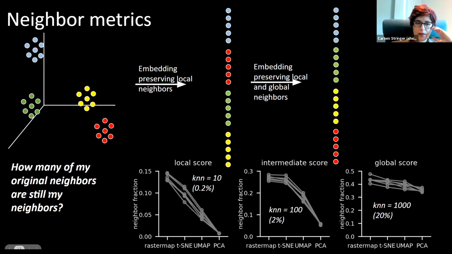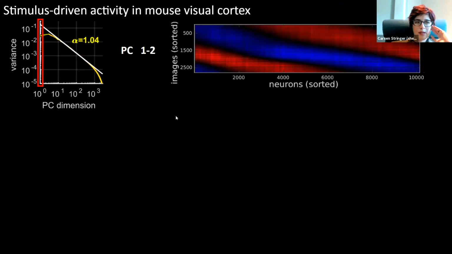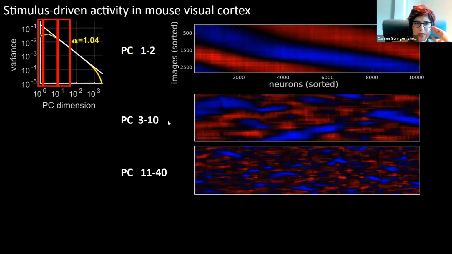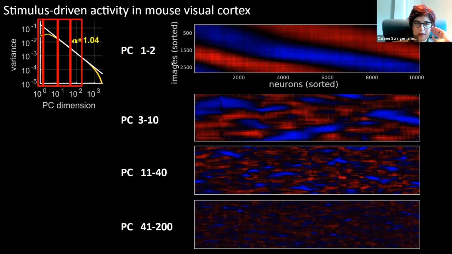Okay, so now let's show some examples of Rastermap. This is actually in the paper, so I'm going to skip over this. Basically, we took different principal components, and you can sort not just the neuron space, you can also sort the image space or stimulus space with an algorithm like Rastermap, or even t-SNE if you're not using Rastermap.